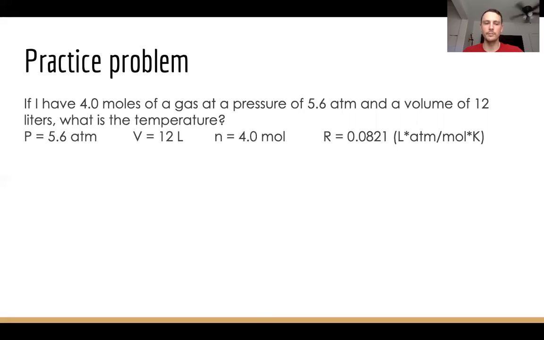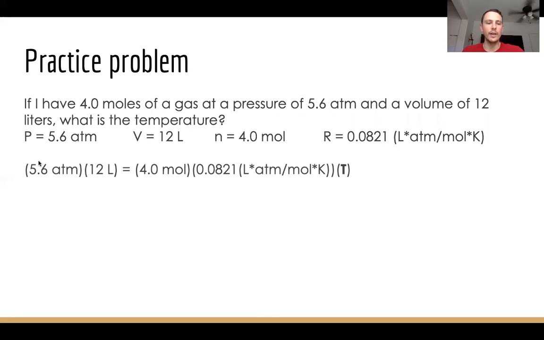Now we just plug them in. So again, we have P, or our pressure unit, times V, our volume unit, equals N, the number of moles, R, our gas constant, and T, which is our variable here. So we plug in the respective values into their respective spots.